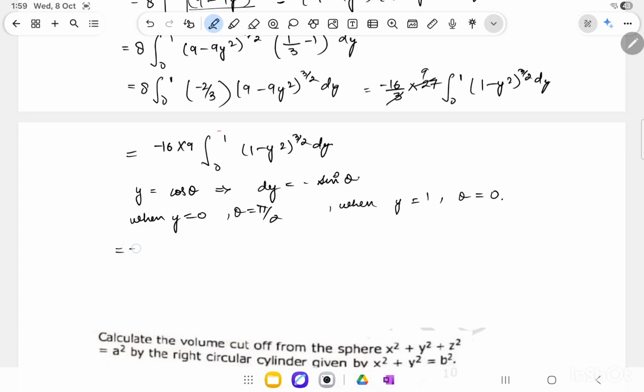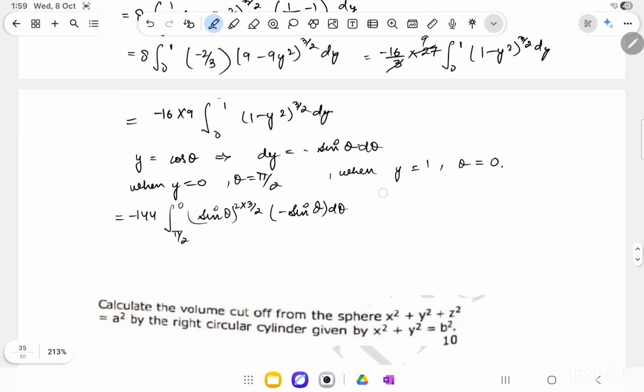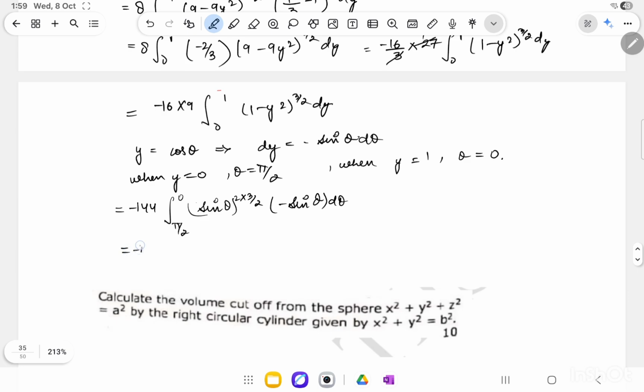So from here it will be −144, integration from π/2 to 0 of (1 − cos²θ)^(3/2), that is (sin²θ)^(3/2), and dy is −sin θ dθ. So that simplifies to −144, integration from 0 to π/2 of sin⁴θ dθ.